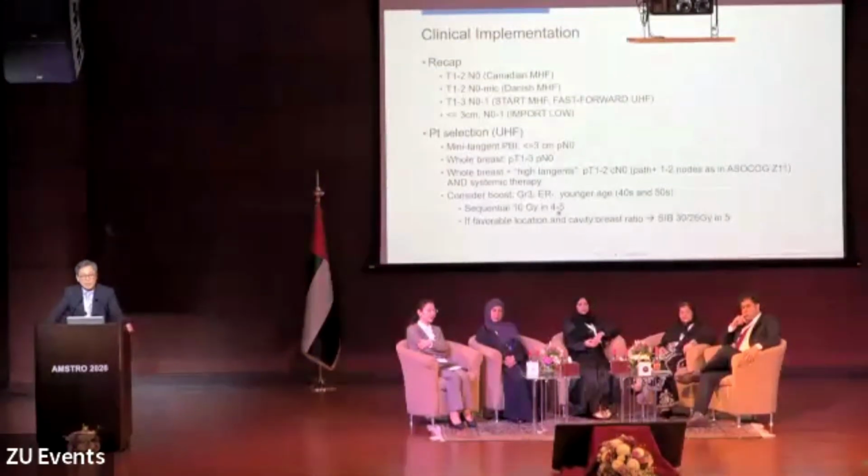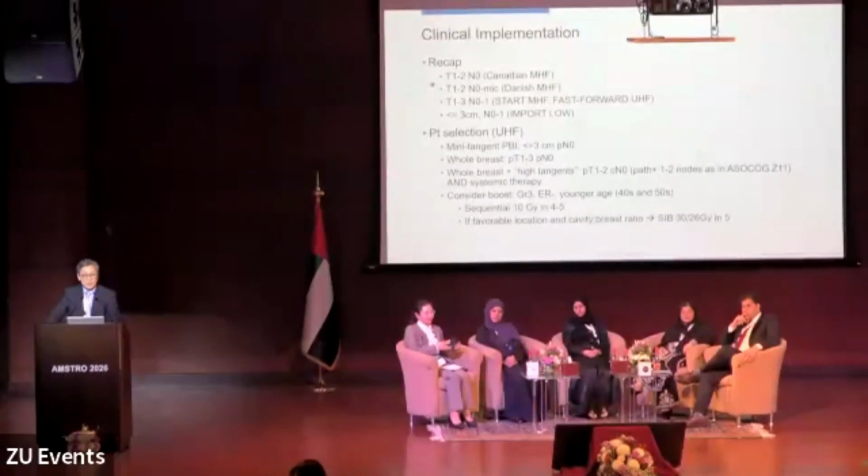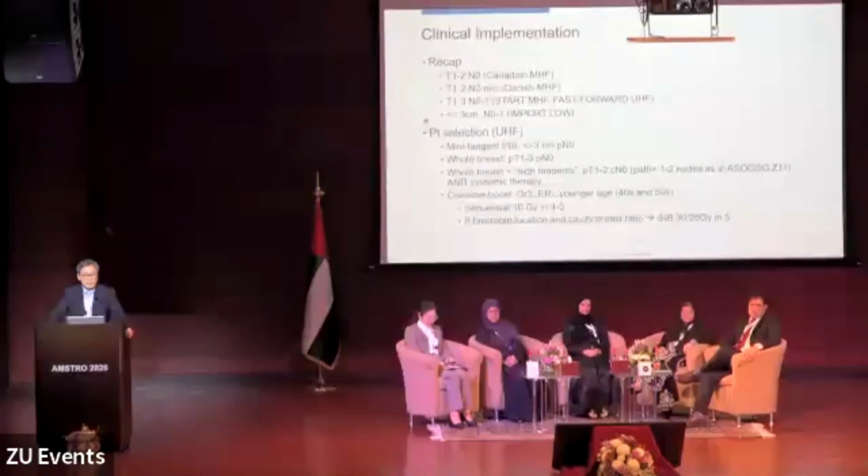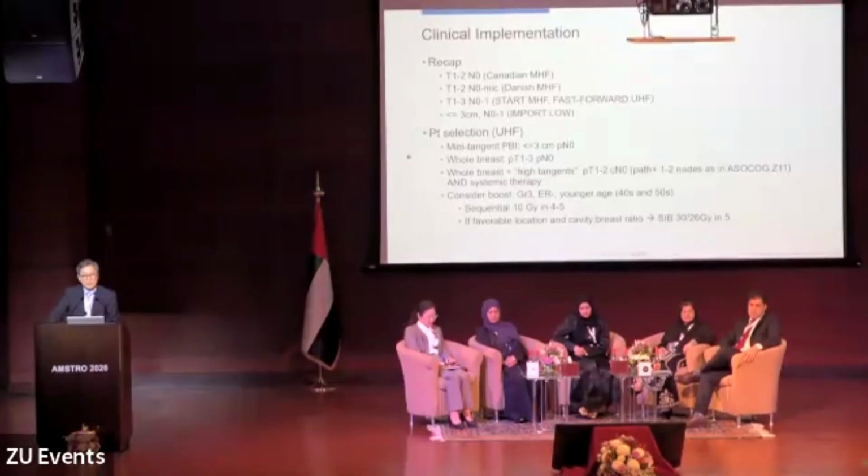So just to recap, the Canadian study included T1s and 2s and N0s. The Danish study included T1s and 2s, also included micrometastases. The STAR trials included T1 to 3s and N0 and up to N1, so up to 3 nodes. IMPORT LOW was up to 3 centimeters, and they did include N1s, but very few patients were node positive in that partial breast study.